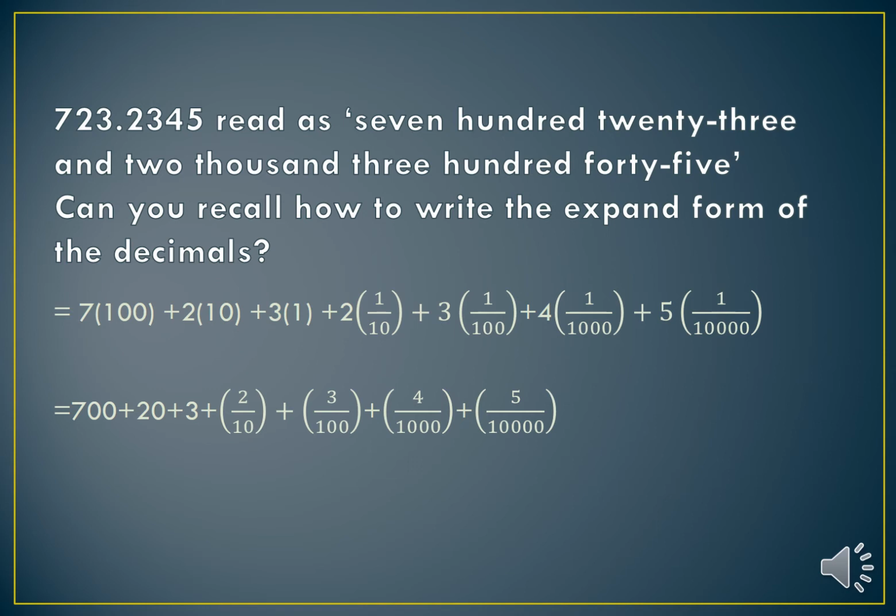For the fractional part, we have 2 tenths, we have 3 hundredths, we have 4 thousandths, we have 5 ten-thousandths. So that is the expanded form of the decimal.